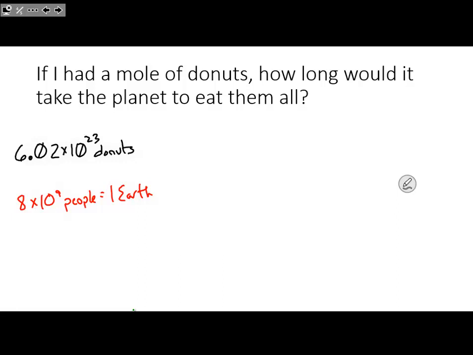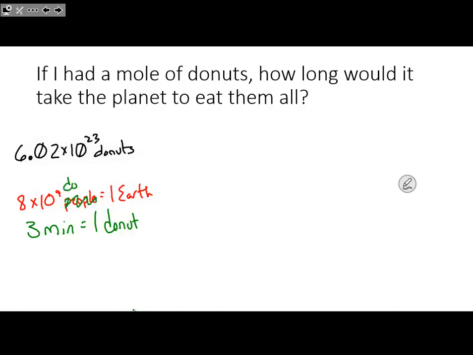So instead, I'll be generous. Let's say I give you 3 minutes. I'm going to give you 3 minutes to eat 1 donut. And now I have converted donuts to a unit of time. So in 3 minutes, all the people of Earth are going to eat a donut. For the sake of simplicity in this project, let's convert this.